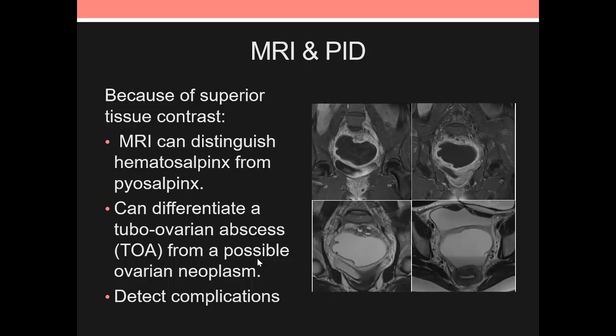So we have to ask for a history of fever before, and we have many signs of differentiation we can cover in another lecture. We can also detect complications of tubo-ovarian abscess and pelvic inflammatory disease, like pelvic abscess and peritoneal inclusion cysts. All that can be detected on MRI.